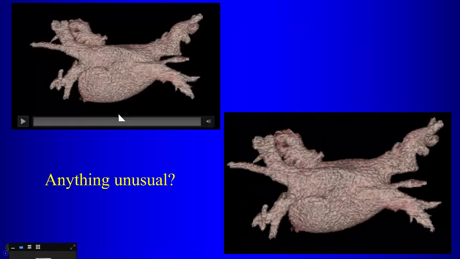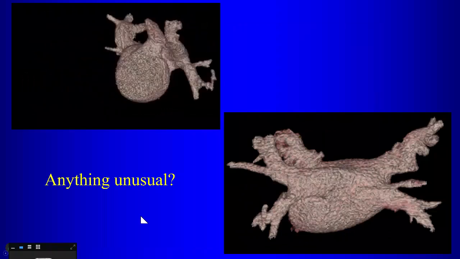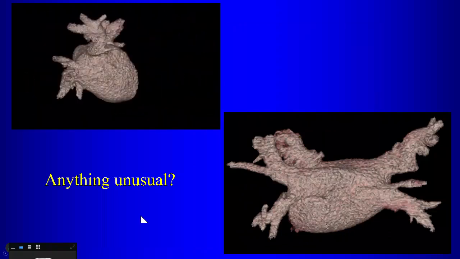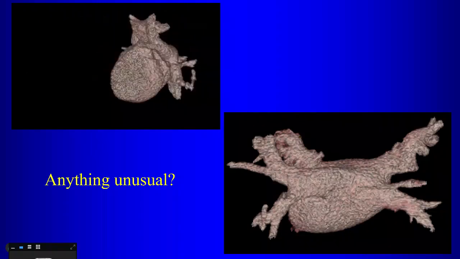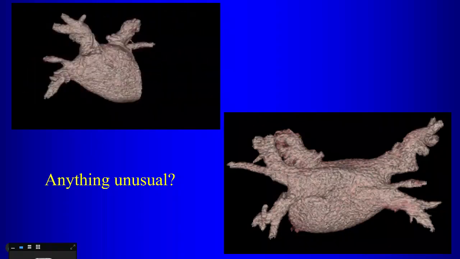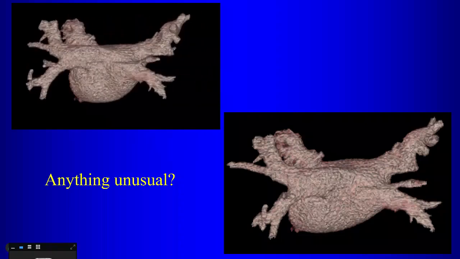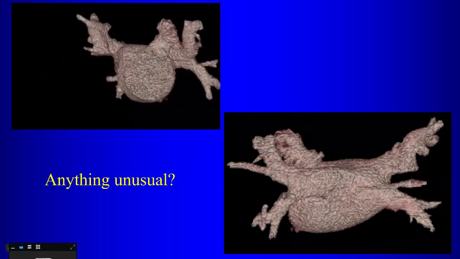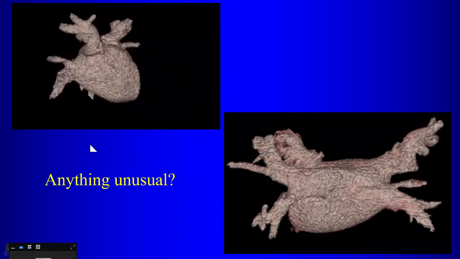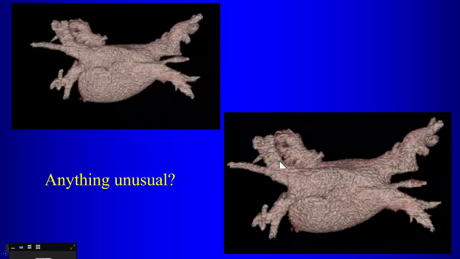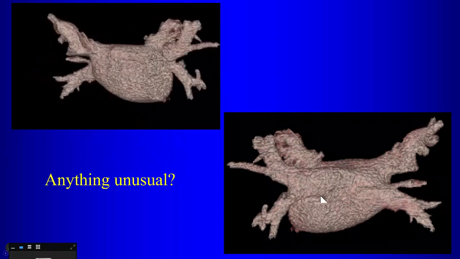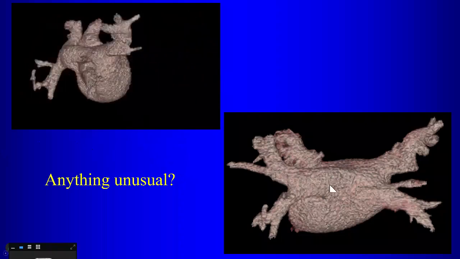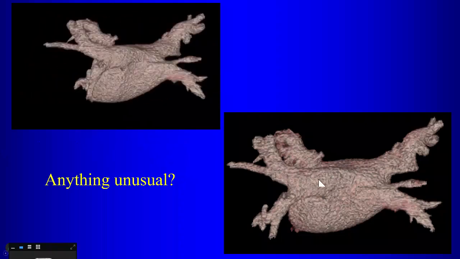Okay? In this particular case, is there anything unusual about the pulmonary venous anatomy here? One left-sided pulmonary vein, not like a common side. Yeah, so we call this a common pulmonary vein. So you can see here that the vein from the left upper lobe and the left lower lobe are joining to form a common pulmonary vein before they drain into the left atrium.